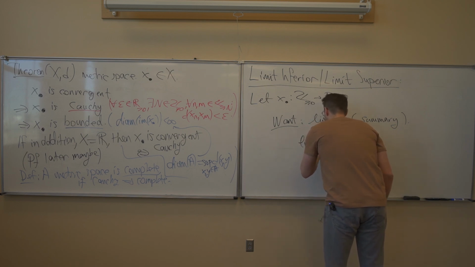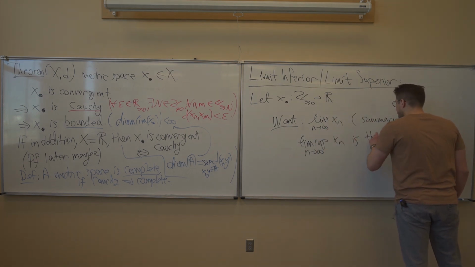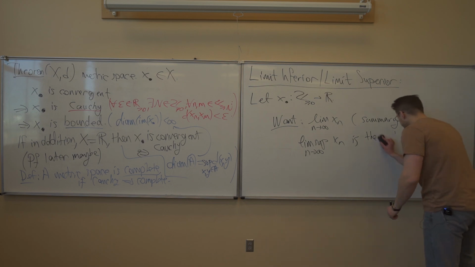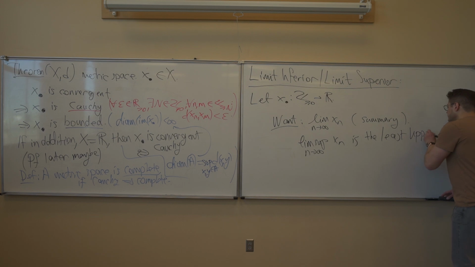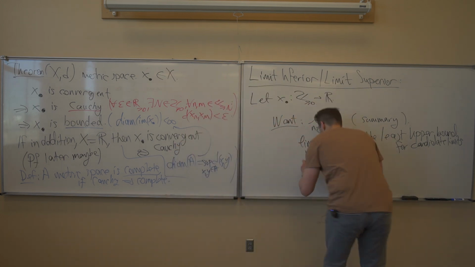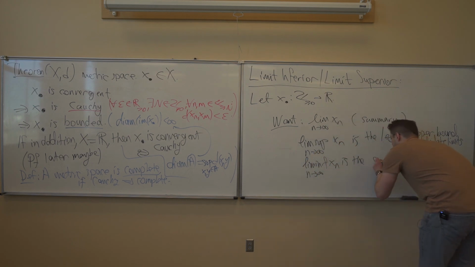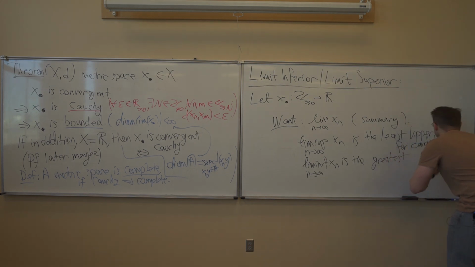So limsup is the least upper bound for candidate limits, let's say, and liminf is similarly the best lower bound, so the greatest lower bound for candidate limits.